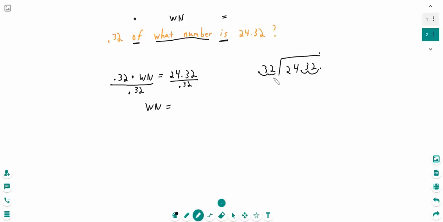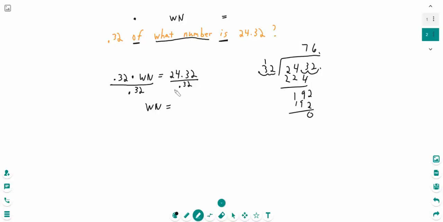And now we have 32 going into 2,432, right? And we'd have to work that out. So what is that? Maybe if we go a 7, 7 and 14, 22. That looks good. That'd be a 9 and 19, 192. And I think if we go a 6 here, is a 12, is right on.